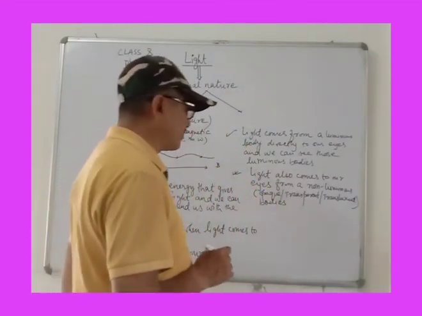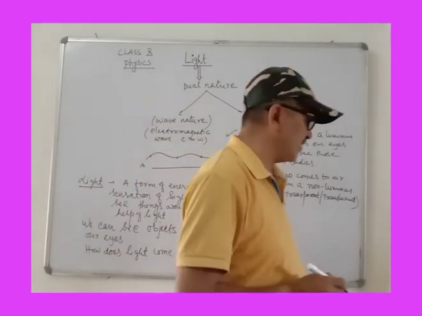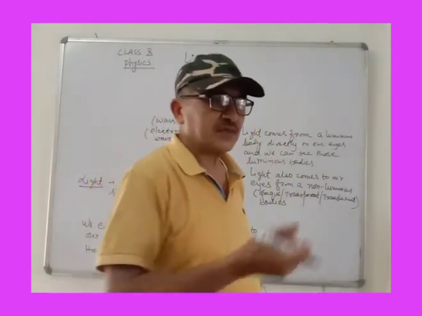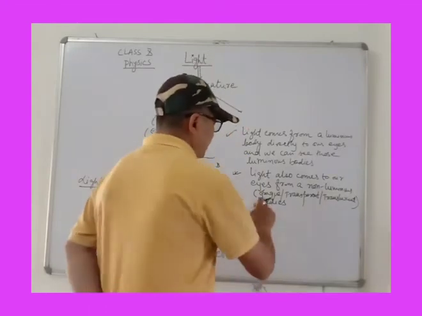How? Light also comes to our eyes from non-luminous bodies. How? Due to reflection.